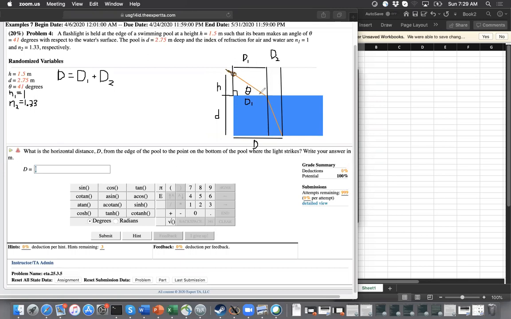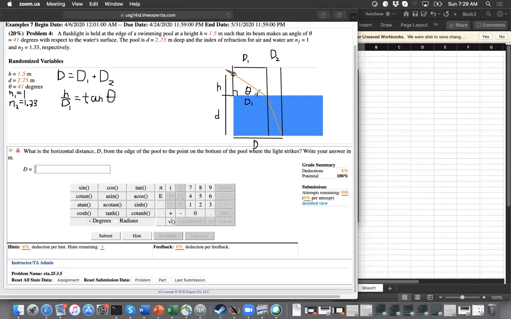Now, we have a right triangle. We are considering this angle. So we have one of the sides, and we want the other side. So the relevant trigonometric relationship is the tangent rule. That says h over D1 equals the tangent of theta.